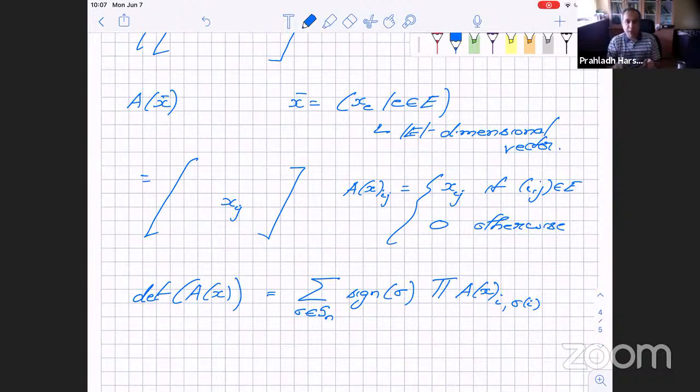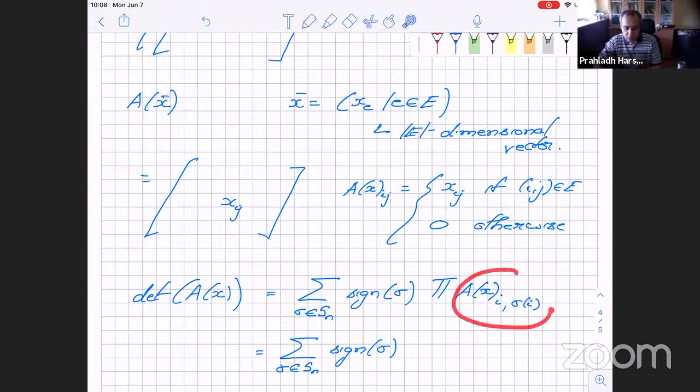Now let's look at what happens for this particular matrix. I claim that this is exactly the summation over sigma in Sn of the sign of sigma times... Now sigma corresponds to a matching. If an edge of that matching was not there, the corresponding A(X)ij is 0, so this term will drop out.